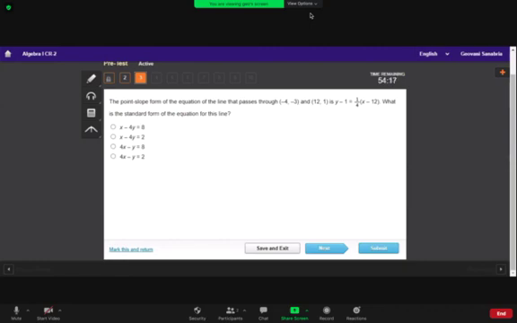What's standard form? Oh, standard form. The x and the y are on one side. Okay. Let me do this real quick. Oh, I think this one's going to be confusing, but it's the third.